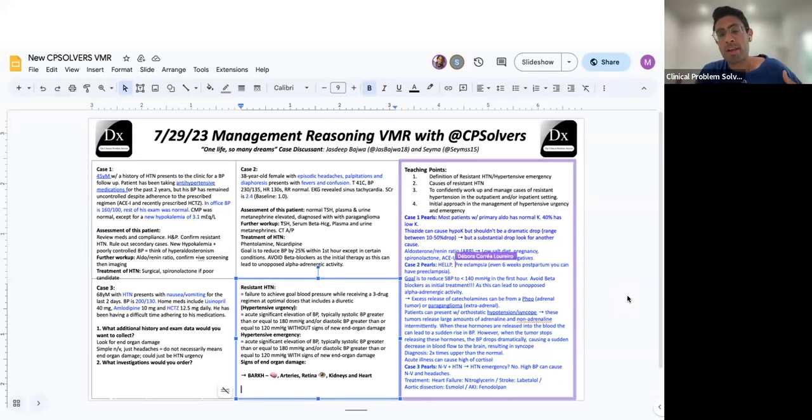So I want you guys to reframe your thinking. That's why I made that poll question the way I did: does this patient have hypertensive emergency, yes or no? If it's yes, then that patient needs IV antihypertensives and needs to go to the hospital with a step-down unit or ICU level of care. Versus if this is not hypertensive emergency, then you have time.